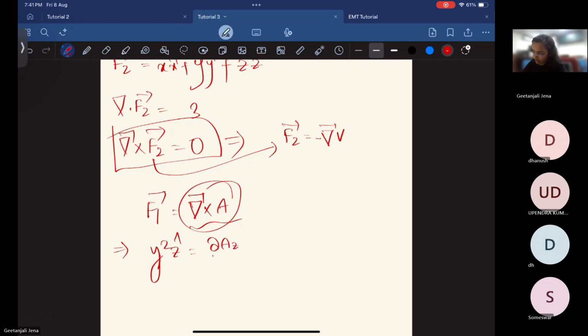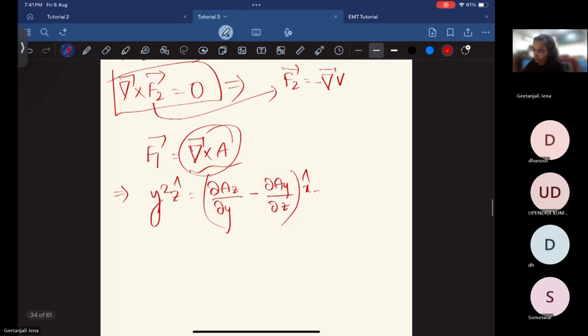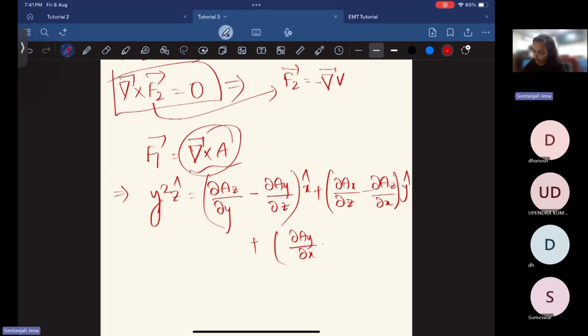This will be ∂Az/∂y minus ∂Ay/∂z x cap, plus ∂Ax/∂z minus ∂Az/∂x y cap, plus ∂Ay/∂x minus ∂Ax/∂y z cap.